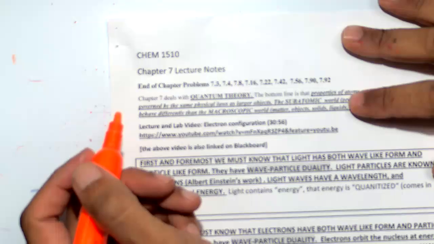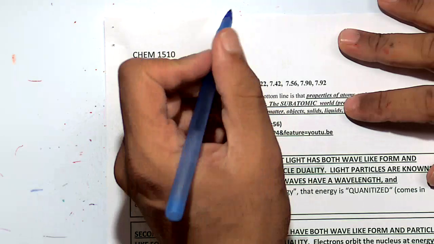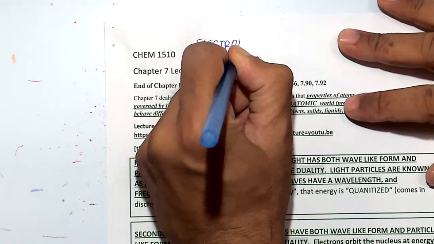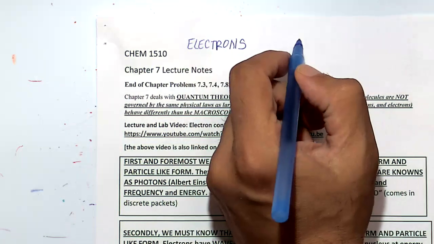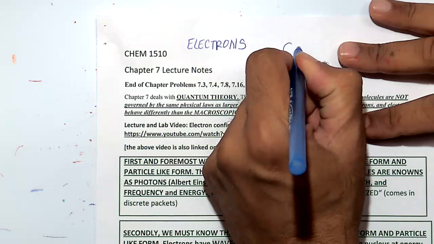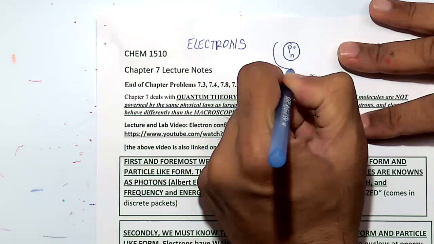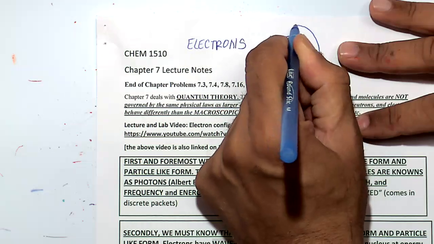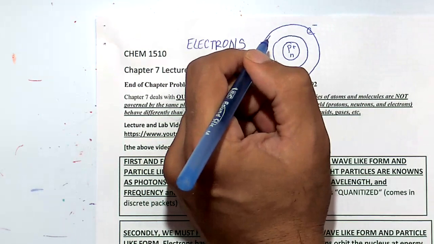All right. First and foremost, I want to talk to you guys about electrons. So in our typical model of an atom, we have the nucleus, which contains protons and neutrons, and sort of orbiting around it are electrons. Okay, they kind of buzz around the nucleus.